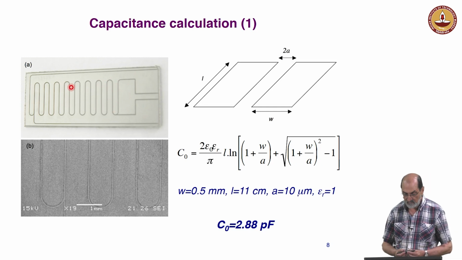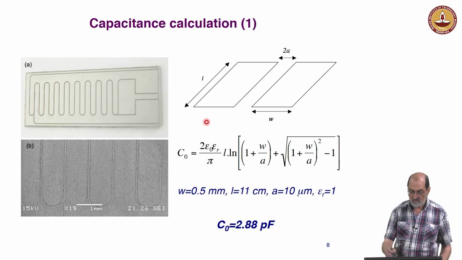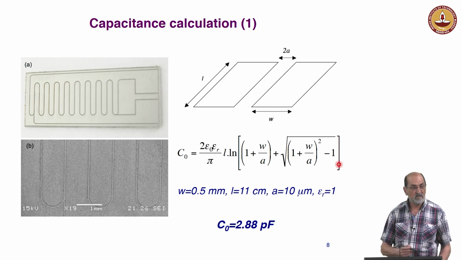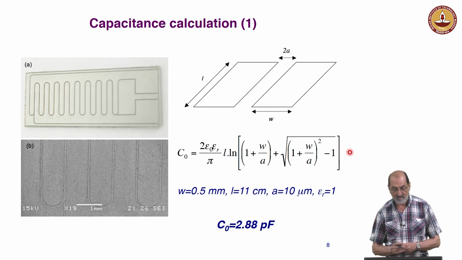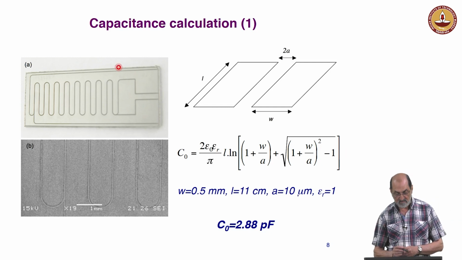The capacitance of two coplanar plates is given by a complicated formula, not as simple as the capacitance of two plates one against the other. So we could calculate the capacitance of this, and from the surface that capacitance should be very small, less than 3 picofarads.